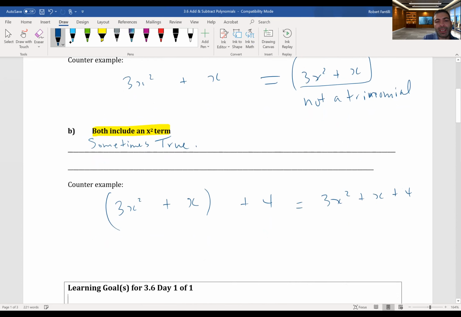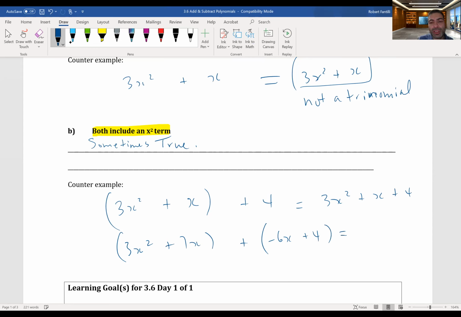For a counterexample, I can have 3x squared, keep the x squared term here. I can have plus 7x, right? And the next binomial could be minus 6x plus 4, right? Or 4 minus 6x, whatever you want there.